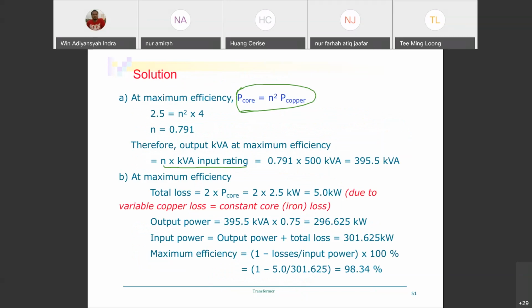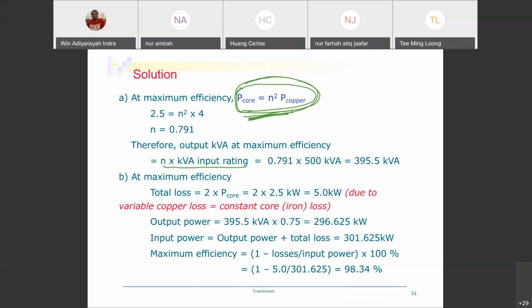what's the question for? Maximum efficiency, checking the load power factor PF at 0.75. Okay. What's the power factor? So remember the maximum efficiency is this one, the requirement.